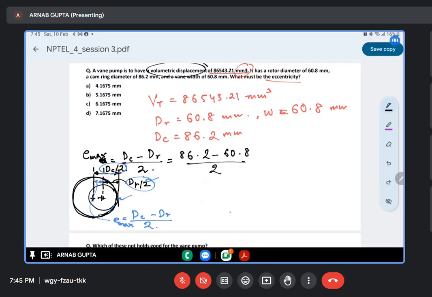How much are you getting? Calculator. 86.2 minus 60.8 divided by 2. 12.7.